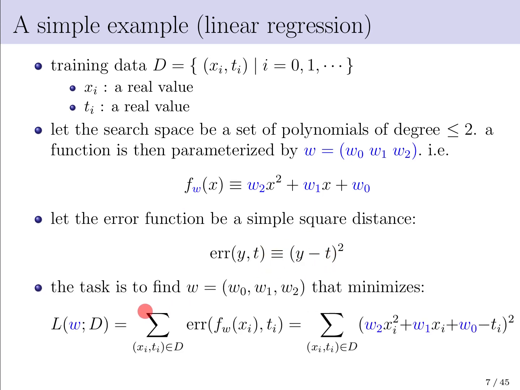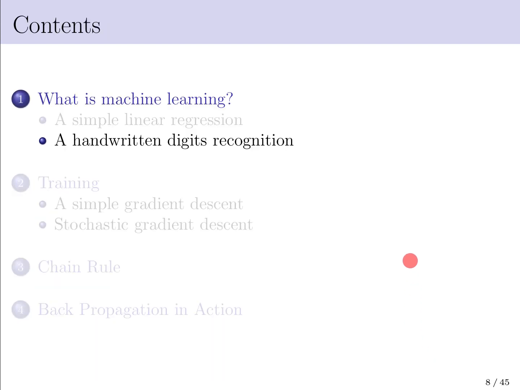So the task is then to find a set of parameters w, three real numbers, that minimizes the loss, which is the summation of errors over the entire data set, which is more specifically simply this. Okay, this is a very simple example, but it's still an instance of machine learning.